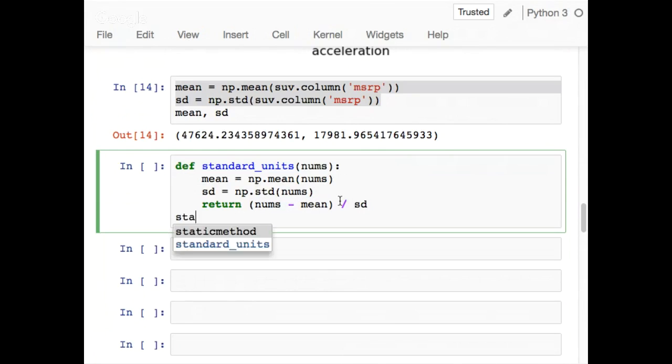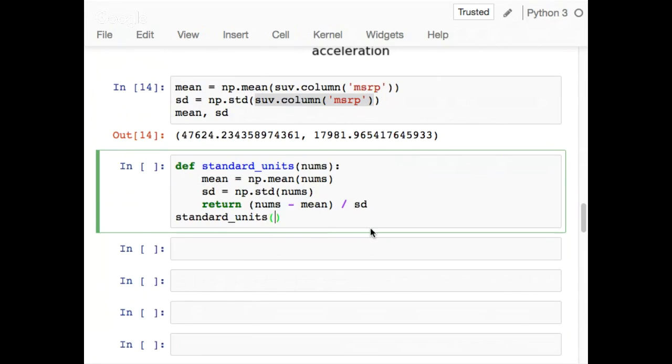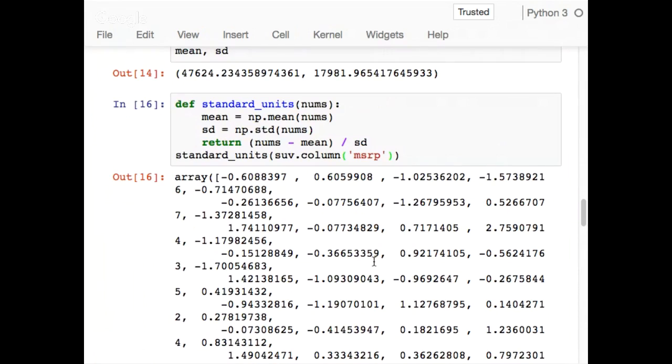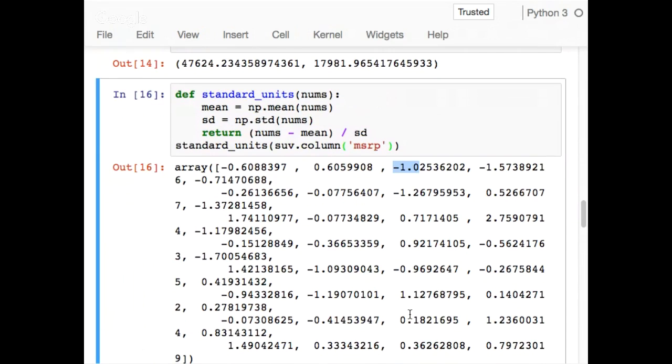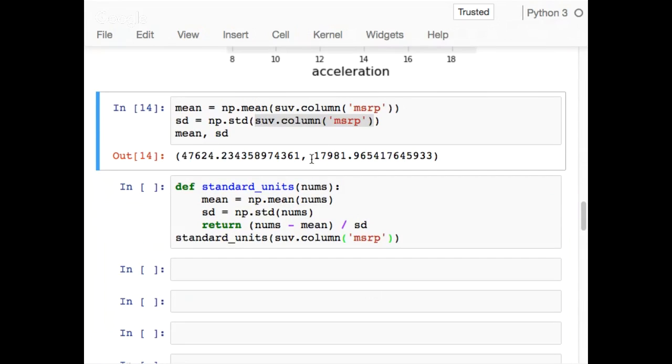Now I can convert MSRP to standard units just as we've done just now. And bam, same set of numbers. Here's -1, here's like 1.12. Cool. Any questions about that?